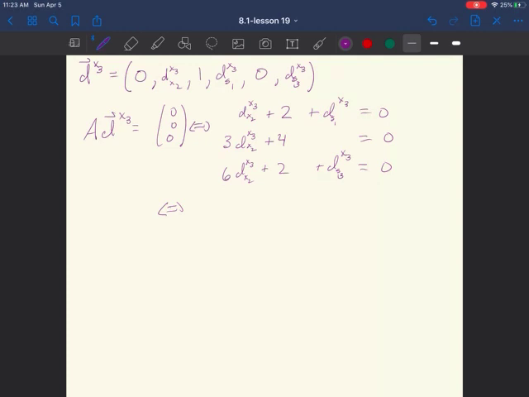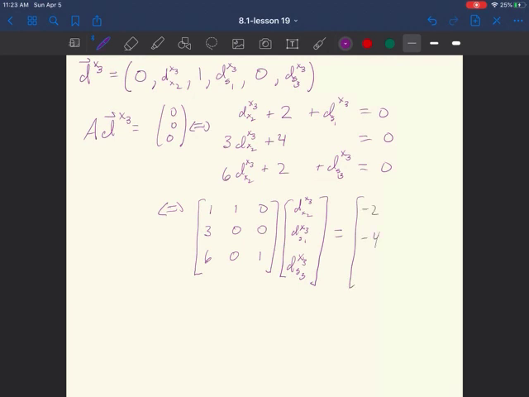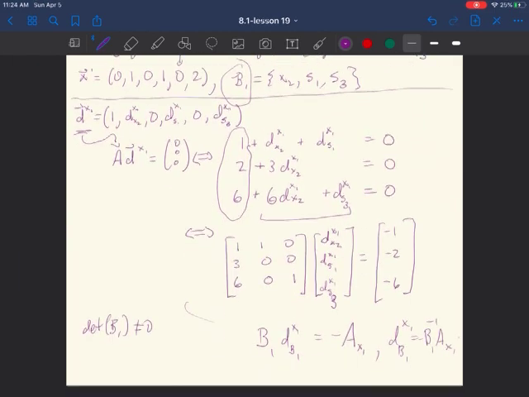Again, I see the same pattern, just with a different column. If I bring this 2, 4, 2 to the other side, what I'm going to have is this matrix 1, 1, 0, 3, 0, 0, 6, 0, 1 times, now x3 is the non-basic variable, dx2, dx3,s1, and dx3,s3, and it equals -2, -4, -2.